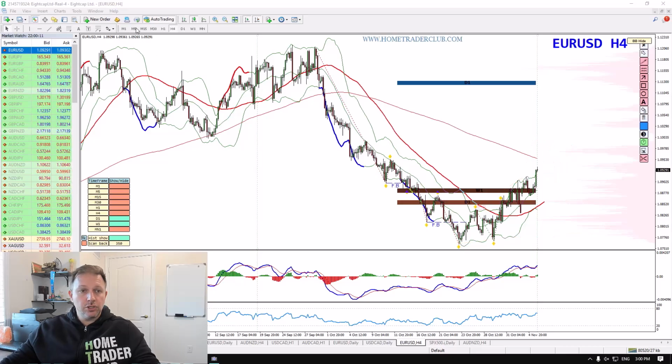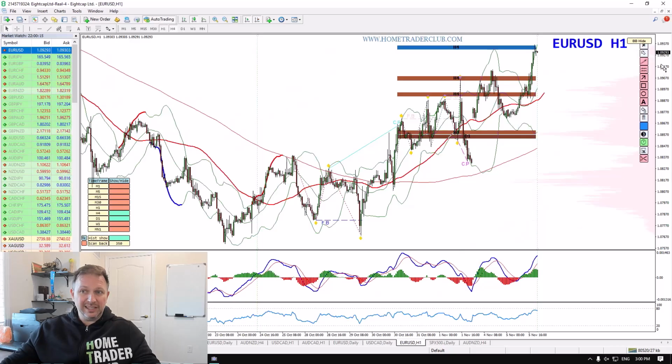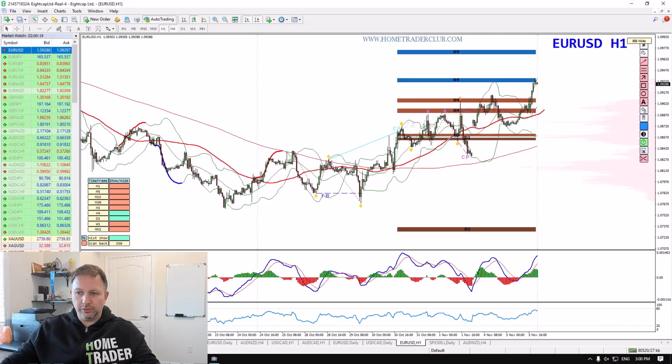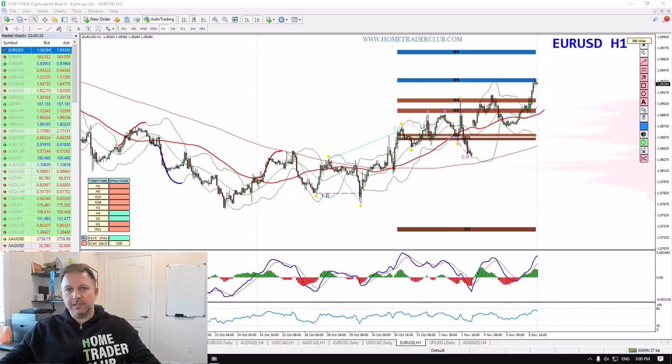So on the lower time frame, I think we should be getting ready for possible technical conditions for the sell, meaning if the euro starts to create this formation of lower highs, lower lows, get ready for the next portion of the sellers.